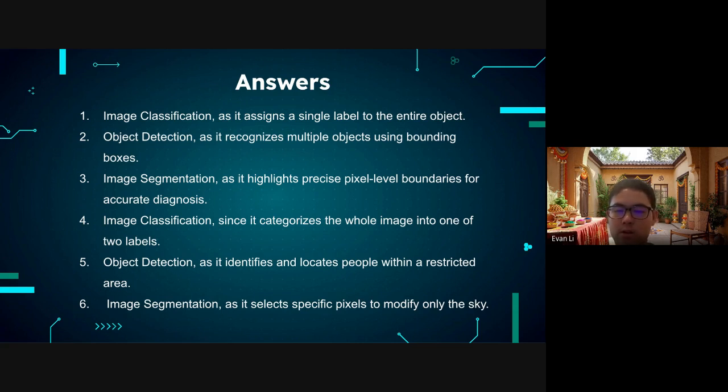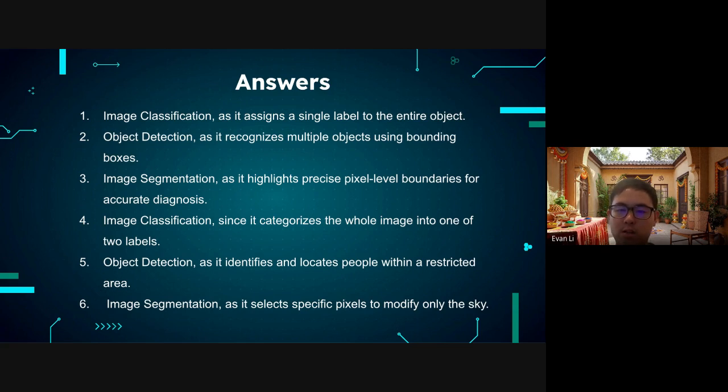The fifth scenario, where a security system draws a box around any people entering a restricted zone, is a clear illustration of object detection. The security system needs to not only recognize that a person is present in the camera's view, but also to pinpoint their location.